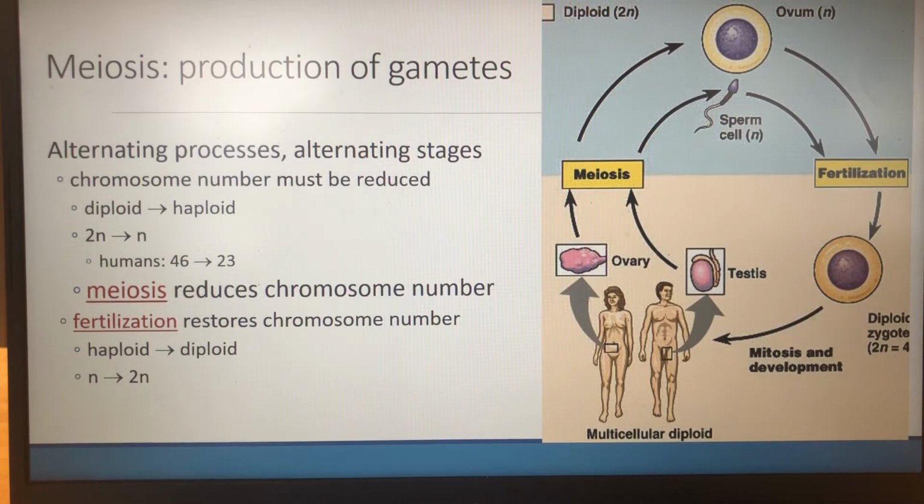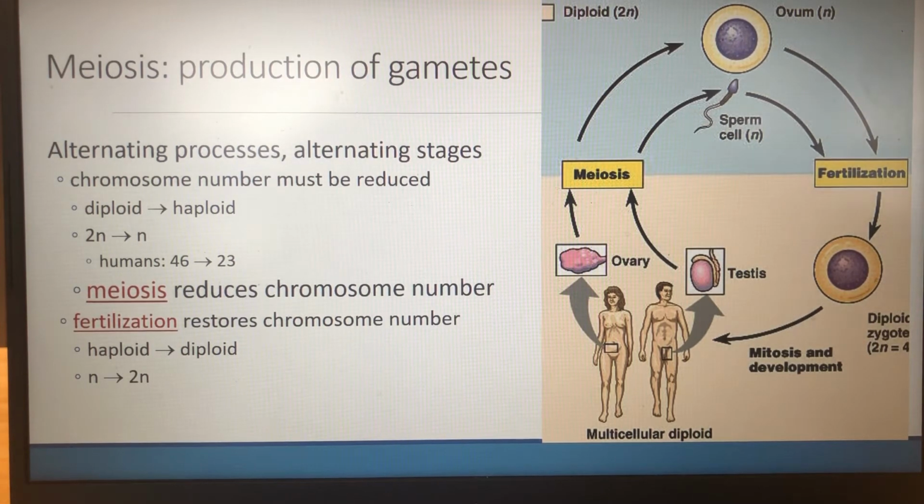All species have this alternating stages of all eukaryotes, where you have the diploid stage, which for humans is the longest stage, right? That's what we're most familiar with. The egg and the sperm stage is the haploid stage. That is the stage that we're not as familiar with.